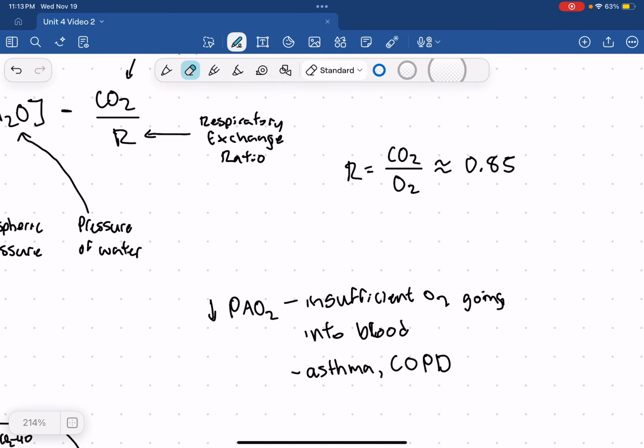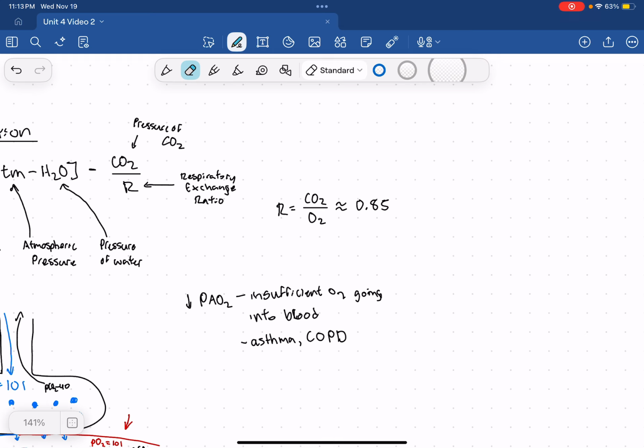We can say, all right, well, this patient probably has an underlying condition that doesn't allow them to breathe in oxygen very efficiently, like asthma, or chronic obstructive pulmonary disease, or somewhere around those lines.